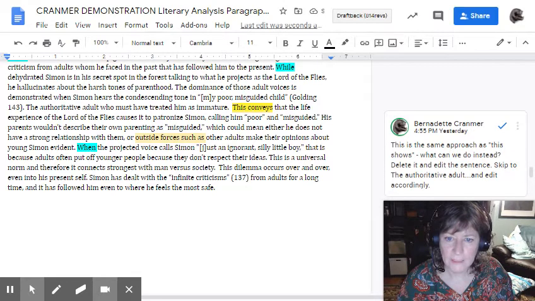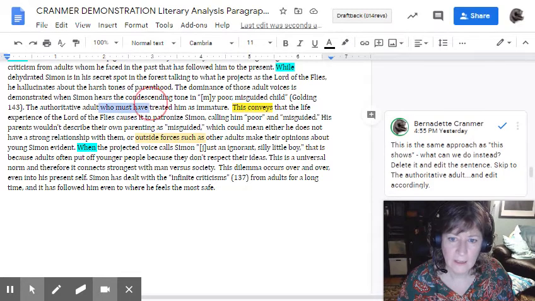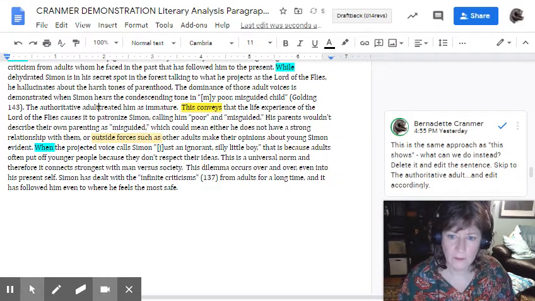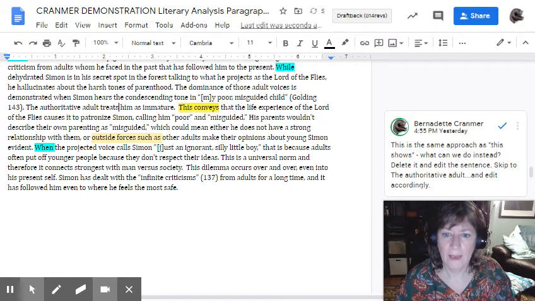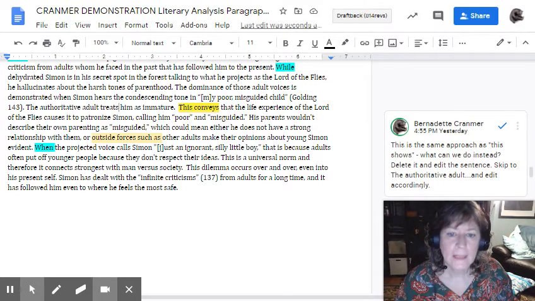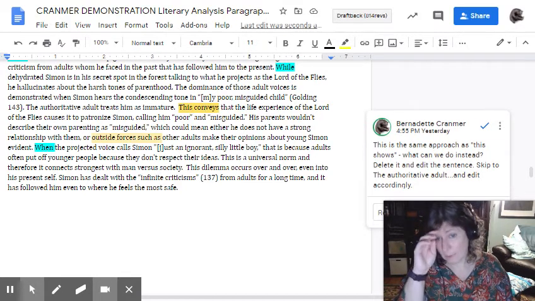We don't have a verb for the sentence, but we do have one. It's "treated." So what if we just use this verb? What if we just get rid of these extra words and we have "treats"? So now we have the authoritative adult treats him as immature. Simple.